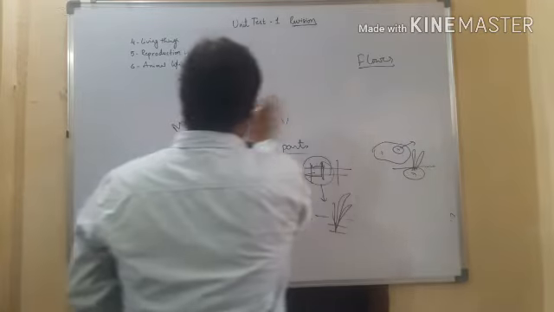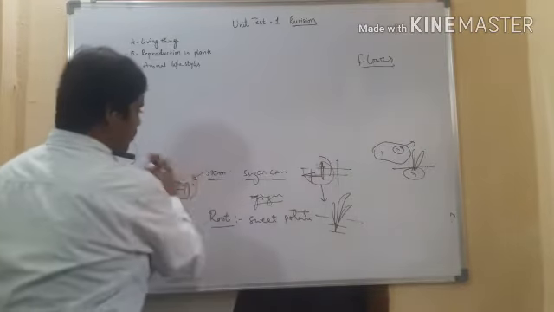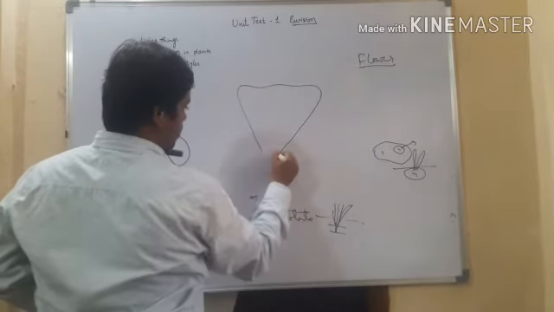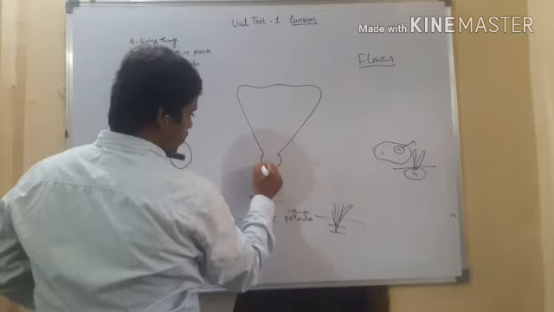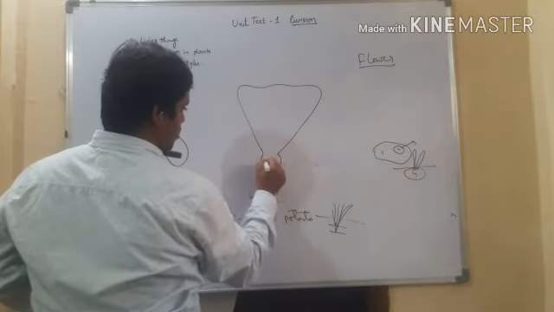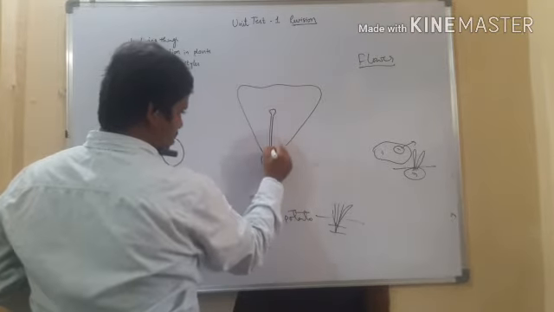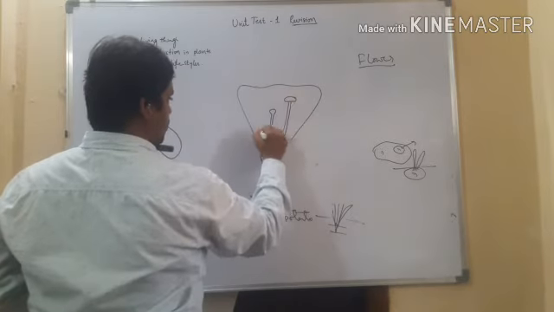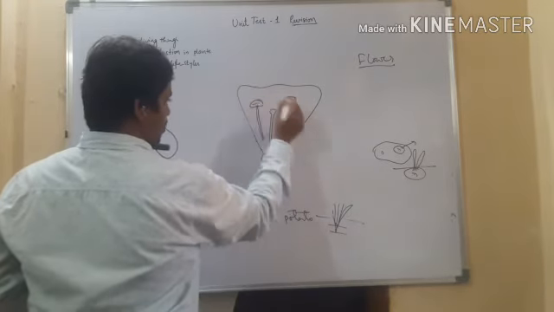So here a flower contains four main parts. We will say what those are. A flower contains four main parts. Now say. Very good. Okay.